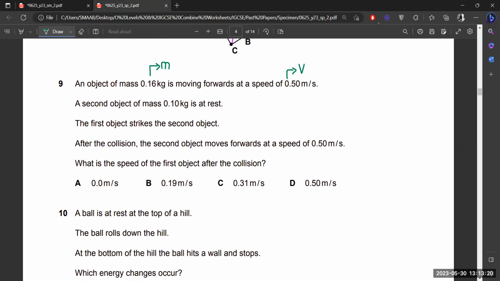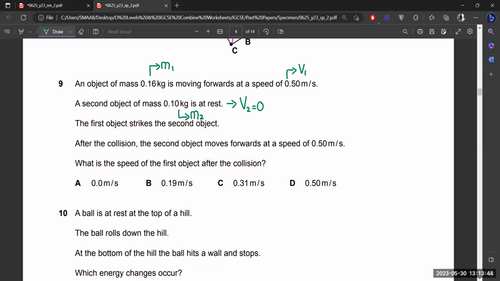A second object of mass, okay, so there is a second object. So we write M2, and M1 is at rest. So it means initially it is at rest. This will be the initial velocity for object 1. After collision, the second object moves forward at a speed of 0.50.